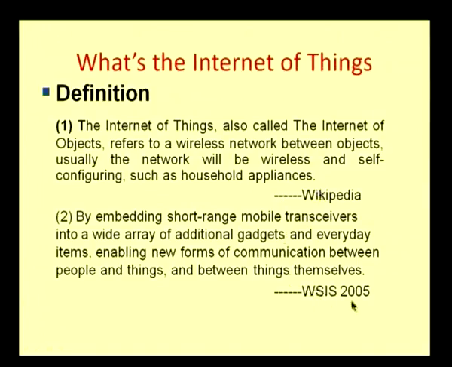According to WSIS 2005, by embedding short range mobile transceivers into a wide array of additional gadgets and everyday items, enabling new forms of communication between people and things and between things themselves. By communicating across persons, by communicating across the different objects, you are able to do some fruitful action.